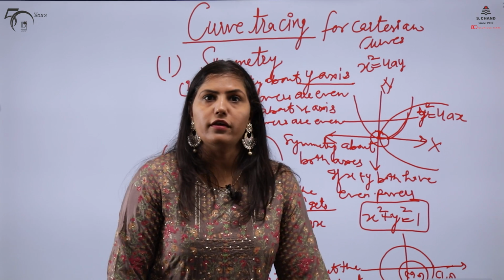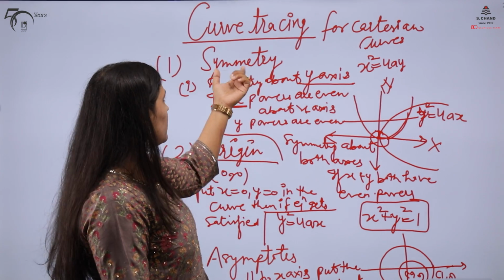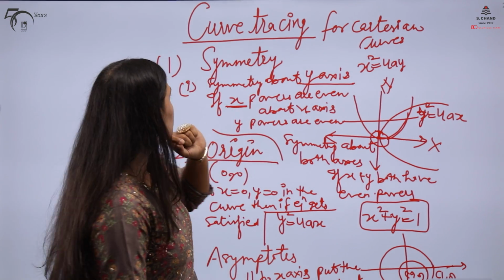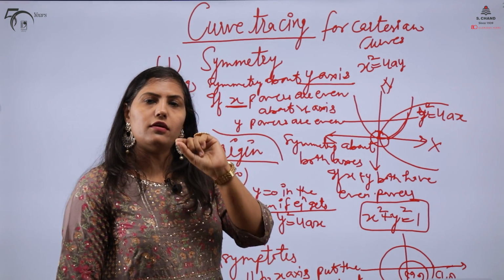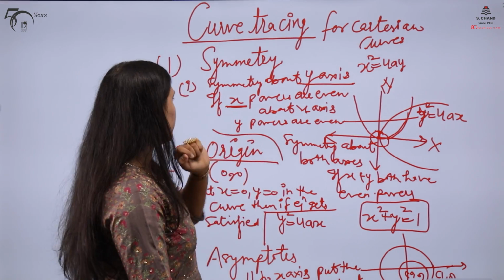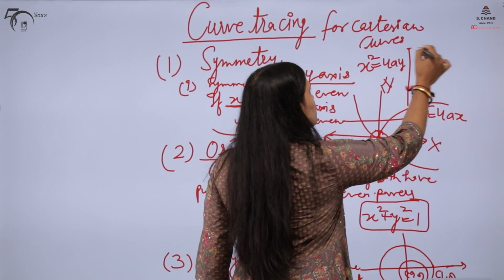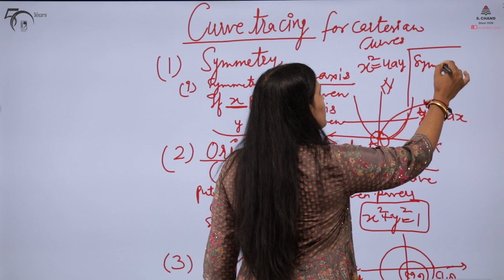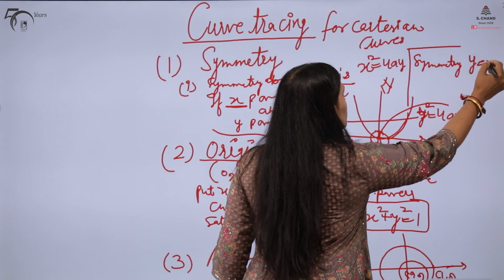Welcome back to S. Chand Academy. Before going to the break, we did the main points of curve tracing. The first main point was symmetry. Please make one addition to symmetry, and that is symmetry about the line y is equal to x.